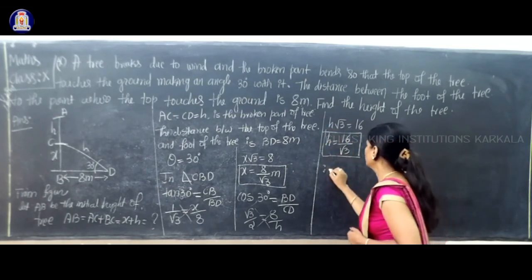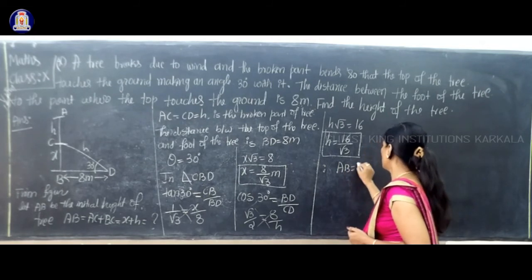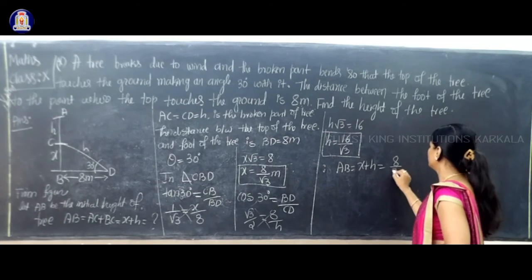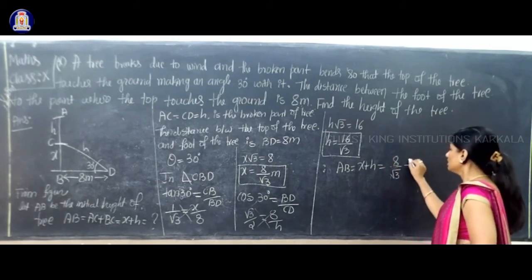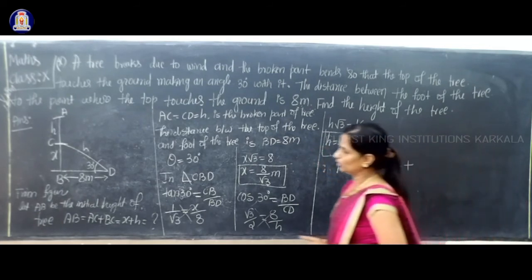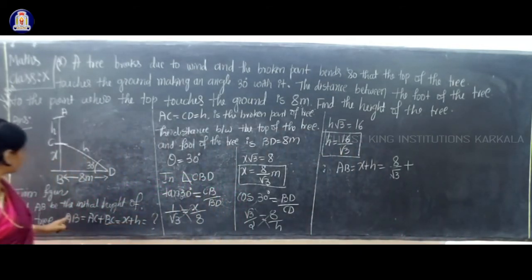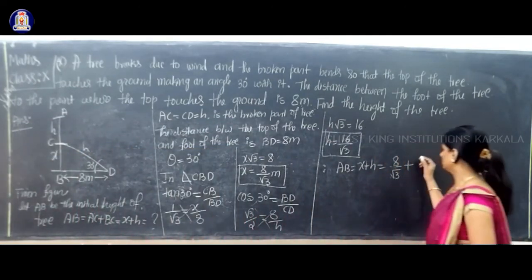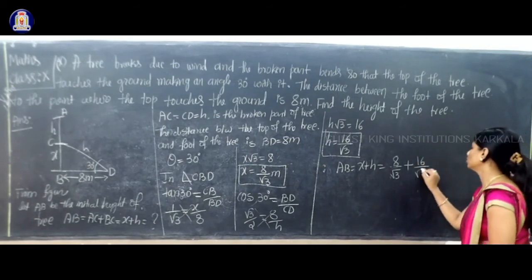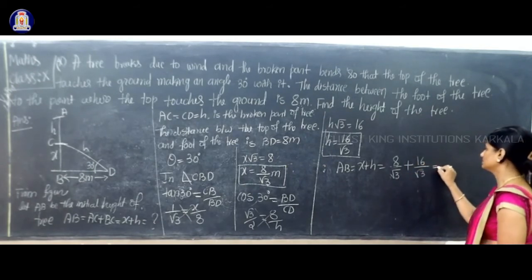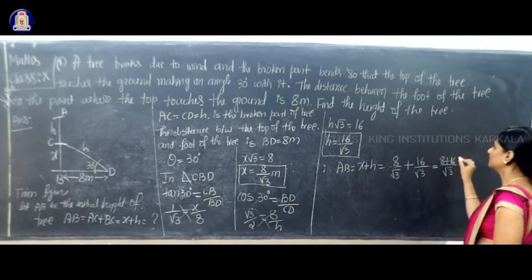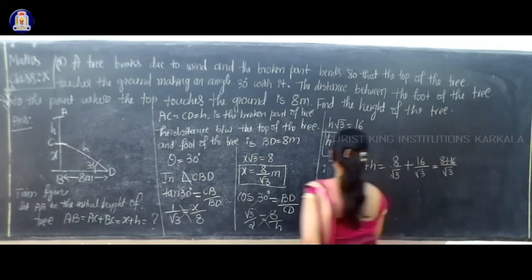So therefore AB is equal to X plus H. X is 8 by root 3 plus H is 16 by root 3. AB, that is the initial height of the tree, is X plus H. So with denominator root 3, the numerator is 8 plus 16 by taking LCM. You are familiar with this one.